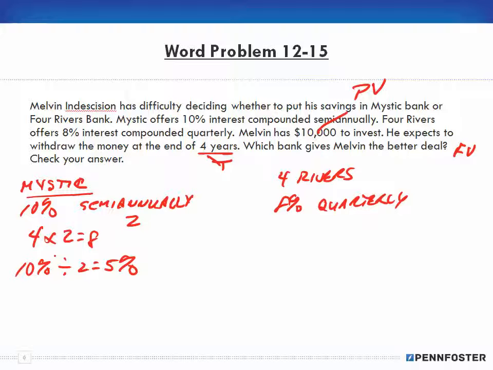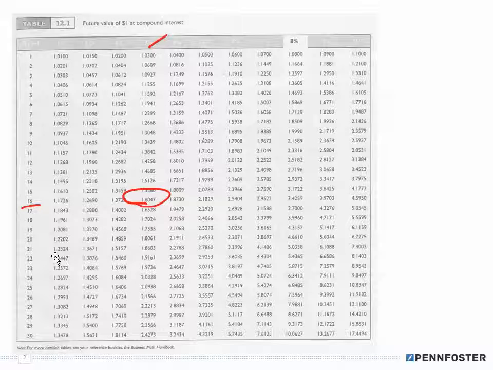Now I go back up to the future value table, and I'm looking for the 5% and for the 8 number of periods. So my future value table is 5% for 8 number of periods, or 1.4775.